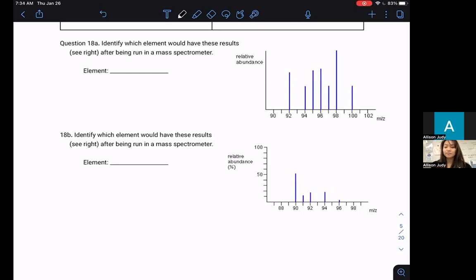An unknown element. As far as the kinks of how it works, I'm not going to quiz you on that, and neither will the AP exam. But if you're curious about exactly how a mass spectrometer is built, there are plenty of YouTube videos out there, and I might have even hyperlinked one on the notes.